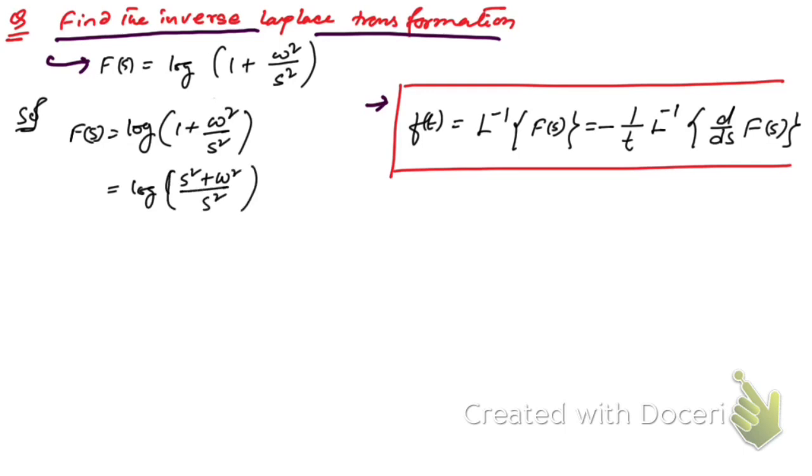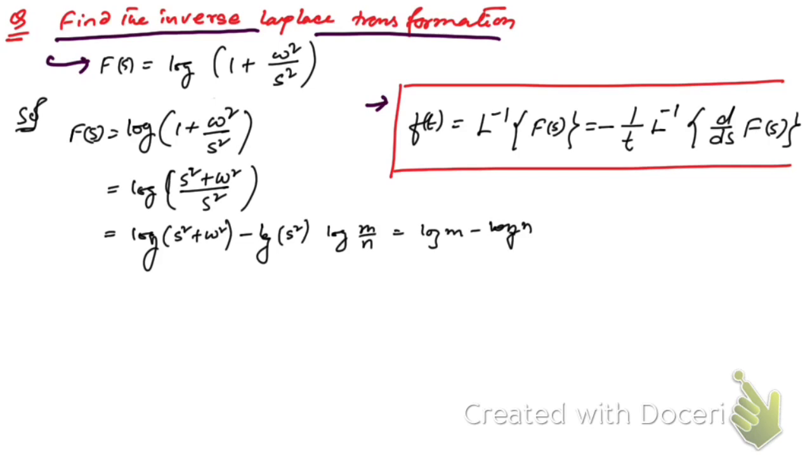Here we're going to consider s as the variable and omega as a constant. If we apply the property of logs, log of m by n is log m minus log n, then we can write this as log of s square plus omega square minus log of s square.